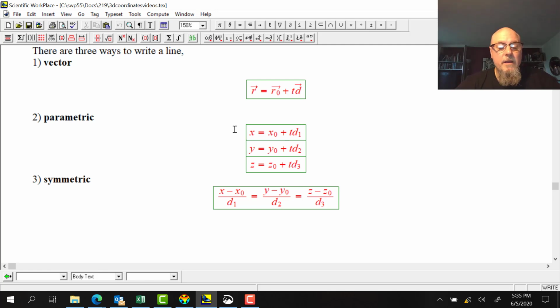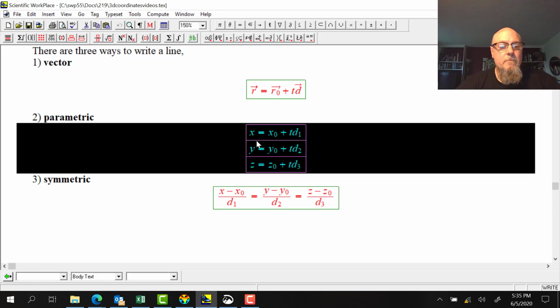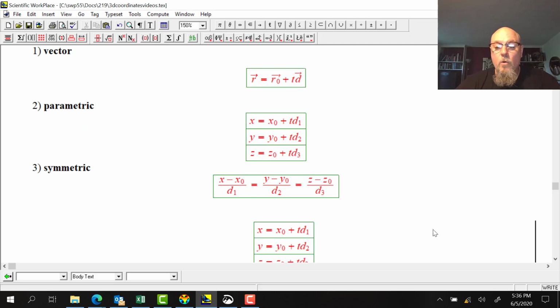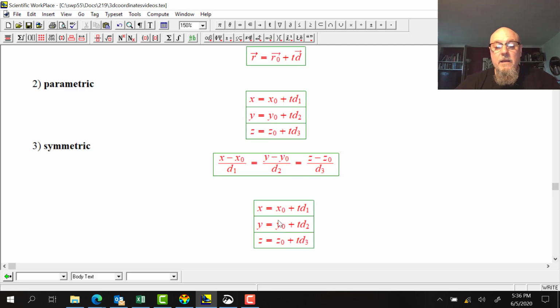So I'm going to write down a parametric equation of a line. To define a line, I just need to tell you the point it goes through. I'm going to be super unimaginative and say it goes through the point 1, 2, 3, and now I need a direction vector.